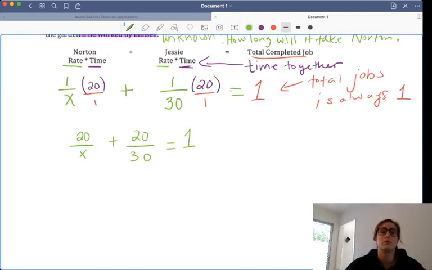Okay, this next part is optional, but I do notice that 20 and 30 are both multiples of 10, so I can simplify that to 2/3. If you don't, you're still going to get the same answer, you're just going to have some bigger numbers to work with.